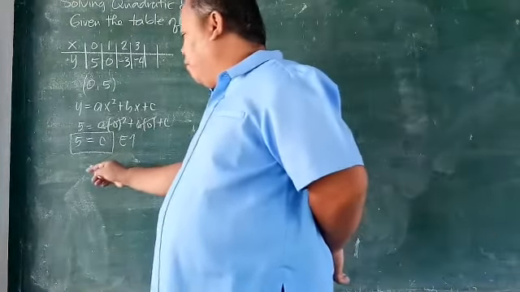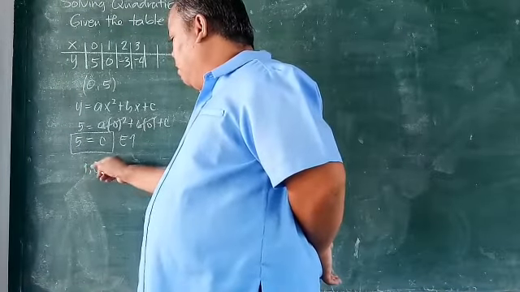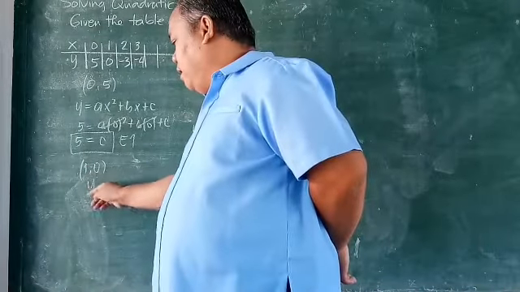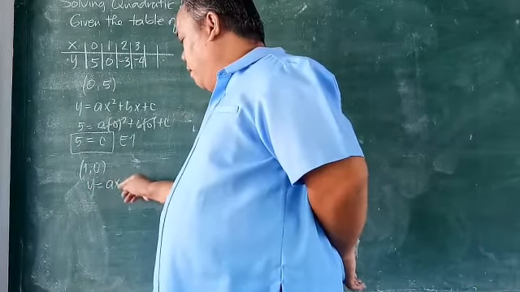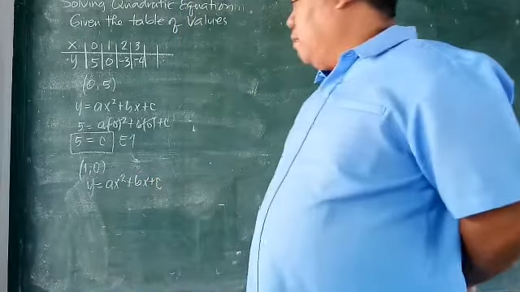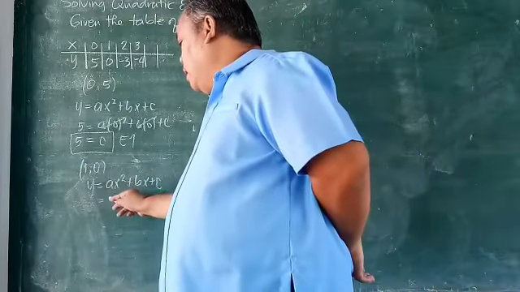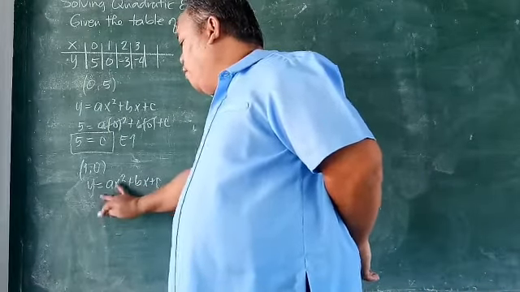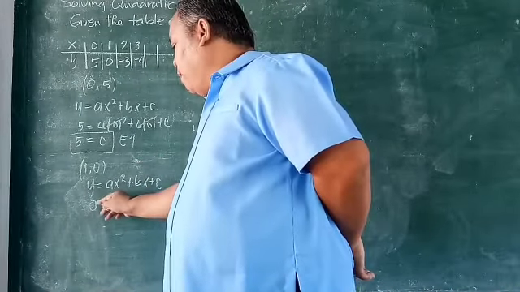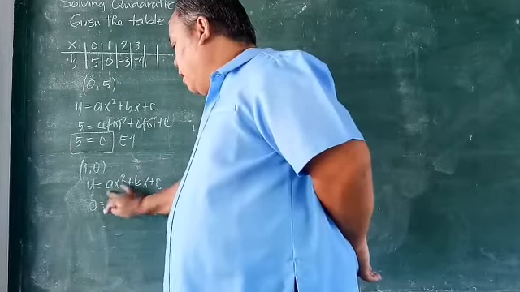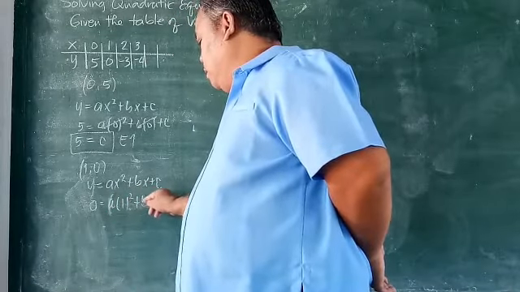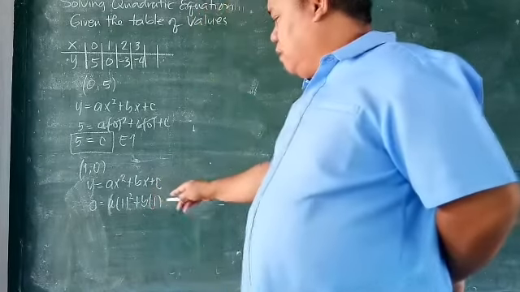Let's get the second point, 1, 0. Again, the general form is y equals ax squared plus bx plus c. The value of y is 0 and the value of x is 1. So 0 equals a times 1 squared plus b times 1 plus c, and the value of c is 5.